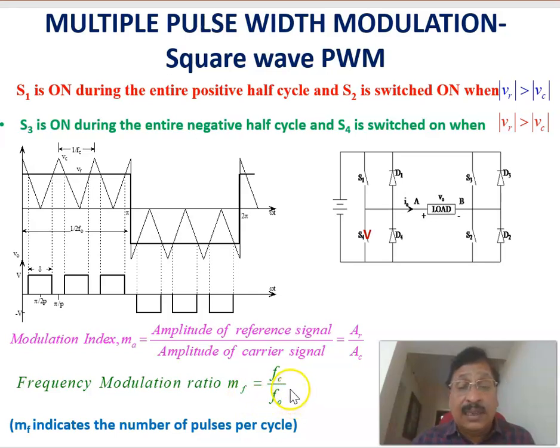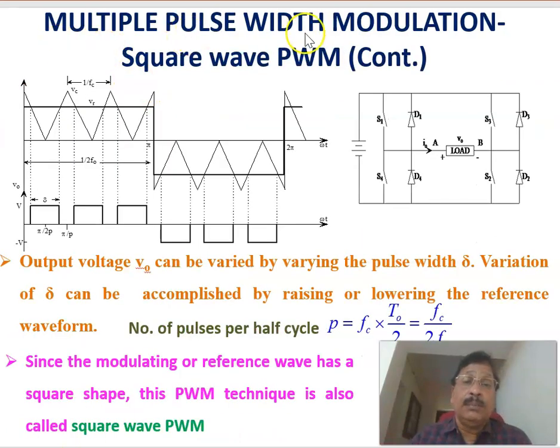Therefore, MF is given by FC divided by FR, that is, the frequency of the carrier divided by the frequency of the reference signal, and the amplitude modulation index MA is given by the magnitude of the reference signal divided by the magnitude of the carrier signal. Therefore, MF indicates the number of pulses per cycle. In this case, we'll see what is the value of MF corresponding to this case.